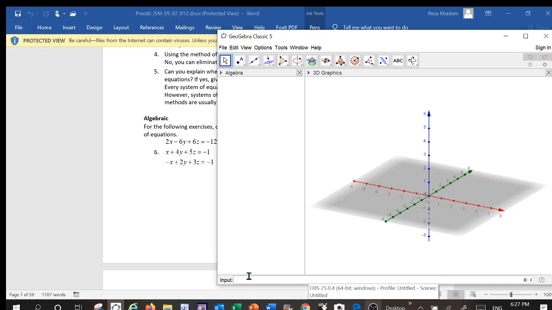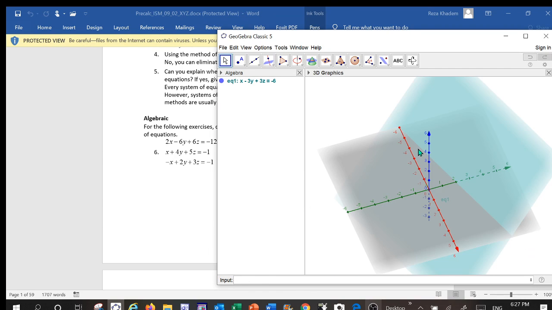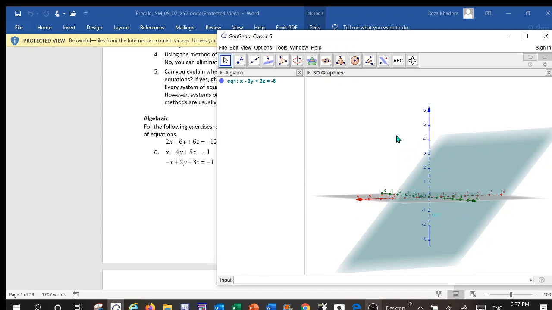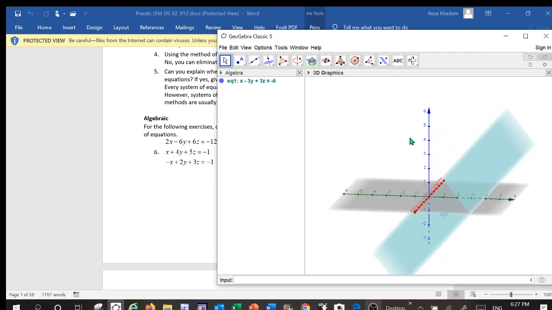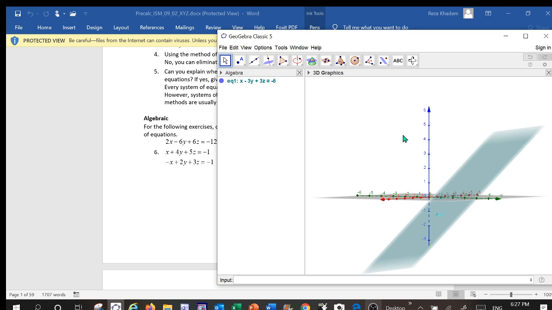All right, 2x minus 6y plus 6z equals negative 12. And now notice what we get. If you have three variables and you graph it in 3D, you get a plane like that. In 2D, with two variables, you get a line, but with three variables, we get a plane.